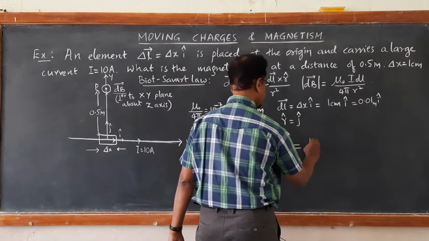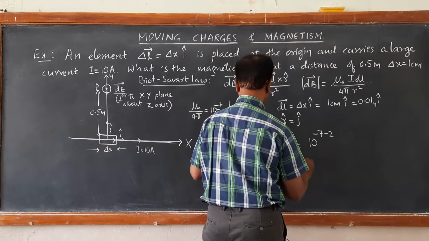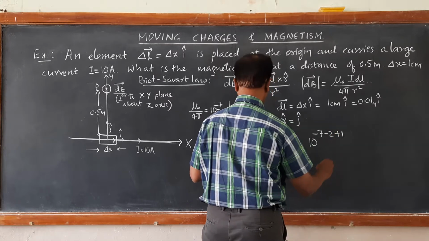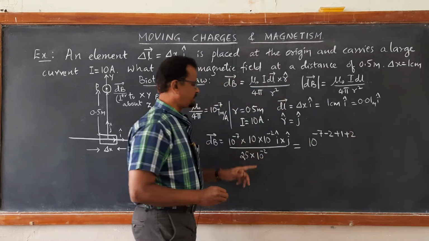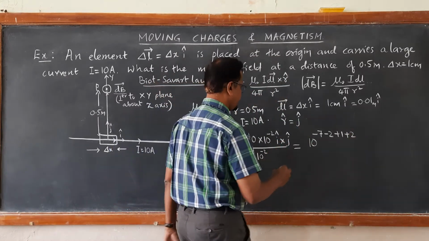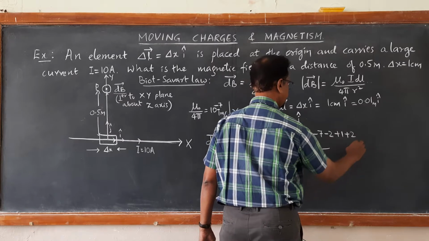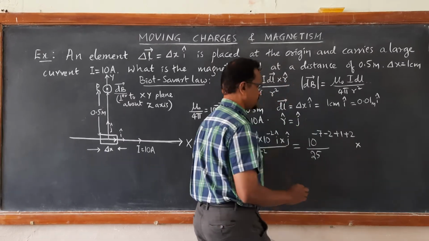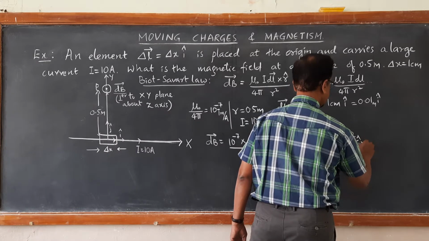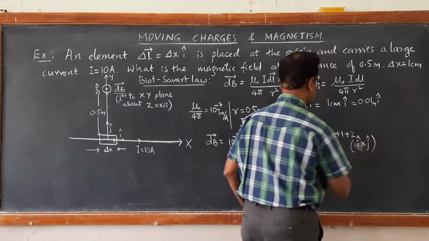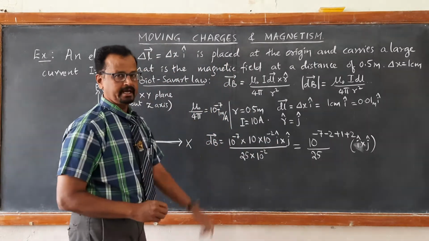So I will write minus 7 minus 2 plus 1 and plus 2. When it comes to the numerator, it becomes plus 2 divided by 25, and here I cross J, you can put it in the bracket. So I cross J gives us K, that gives us the direction of magnetic field about Z axis.